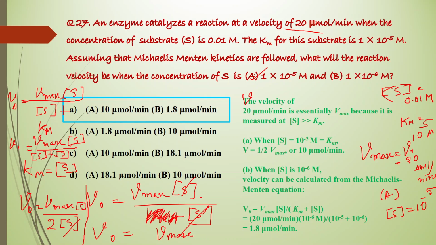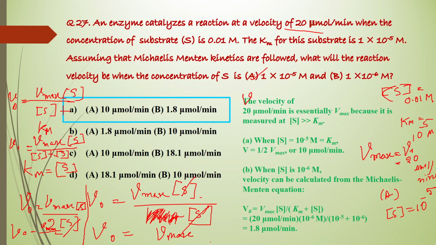If you cut it, V0 is Vmax by 2. This is the exact derivation. Whenever the substrate concentration equals Km, your velocity becomes Vmax divided by 2.